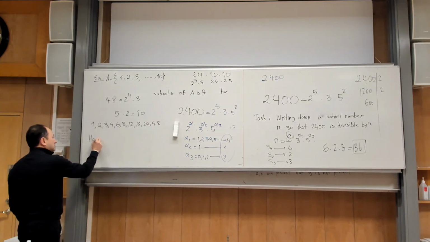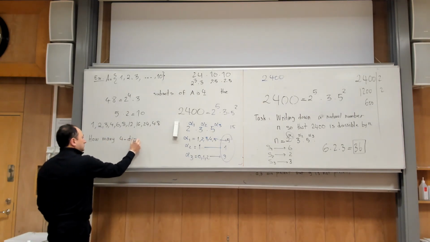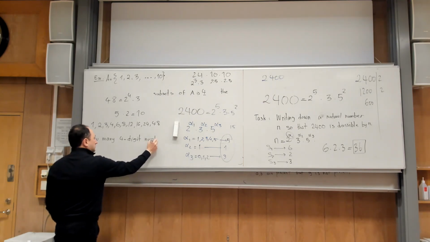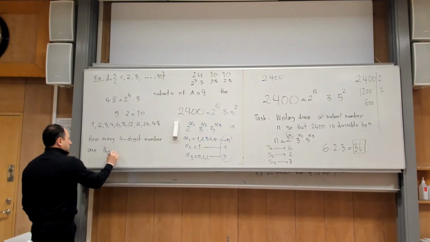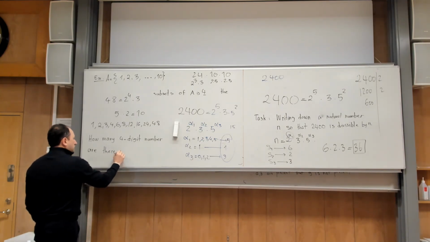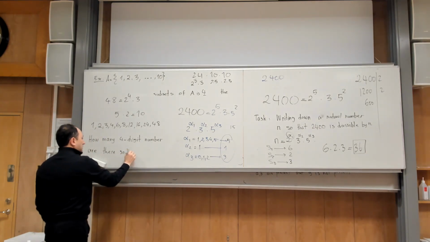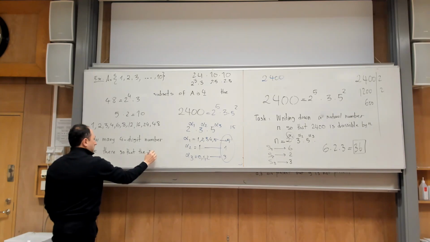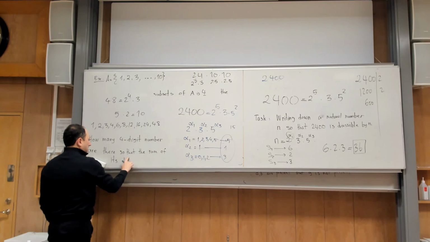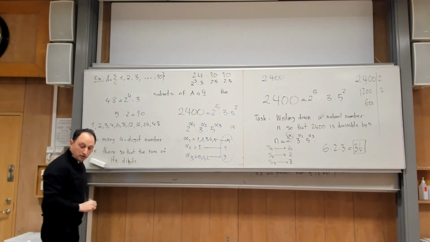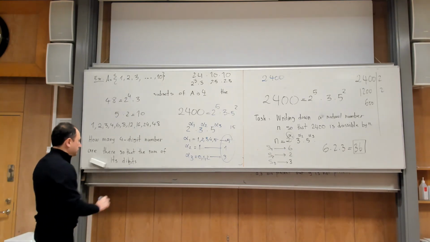How many 4-digit numbers are there so that the sum of its digits is odd.